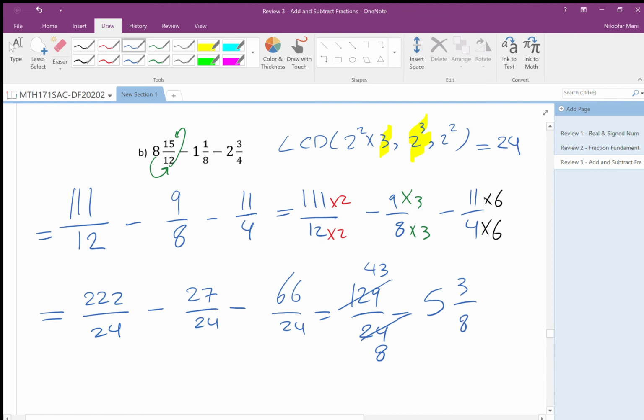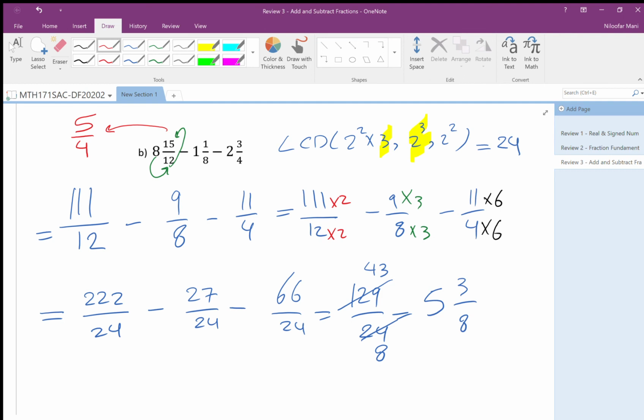Okay, even from the beginning I have 15 over 12. 15 over 12 I can change it to 5 over 4 and then it will be easier because I have the same denominators.